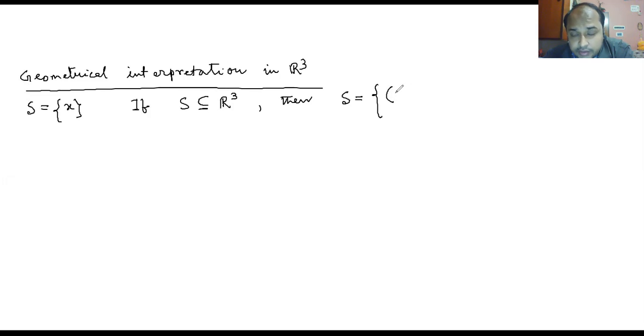X is a vector, na? So X, Y, Z. Only one vector is there.